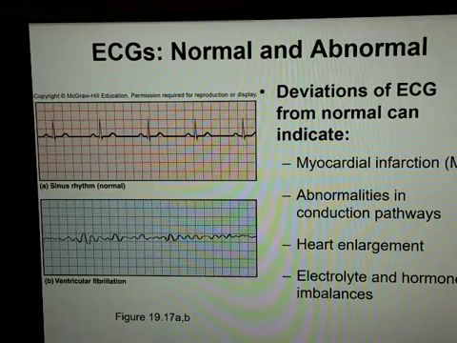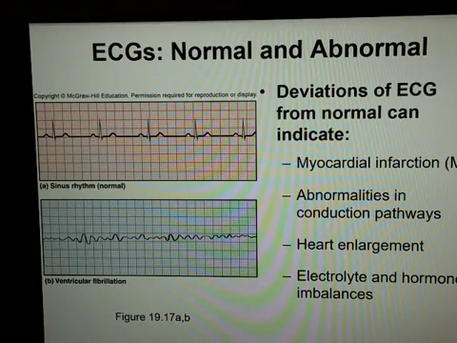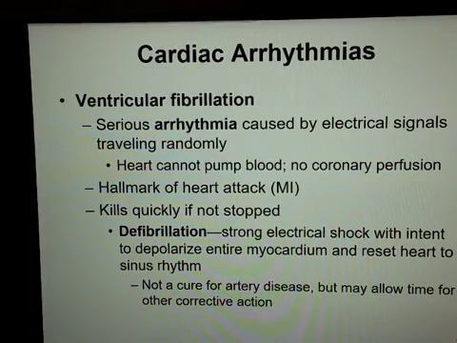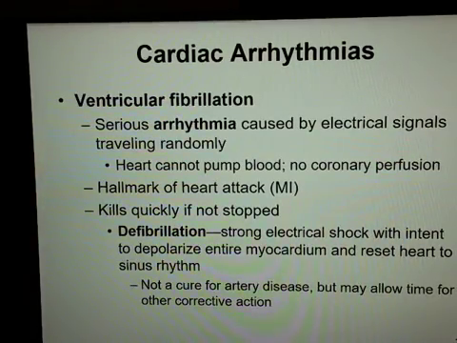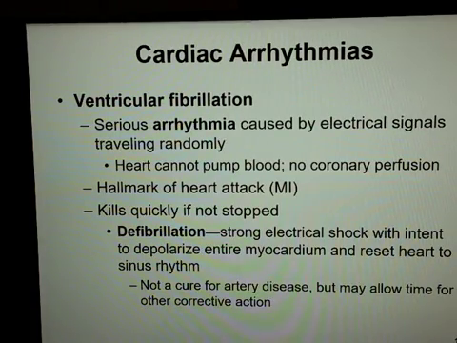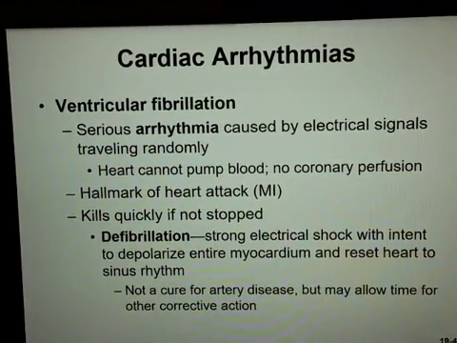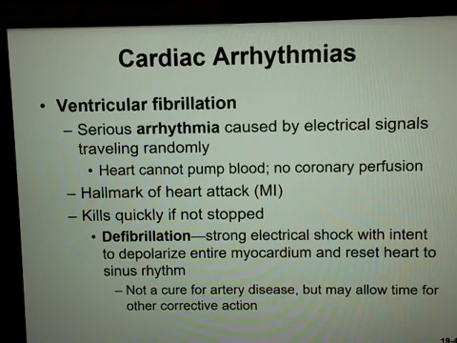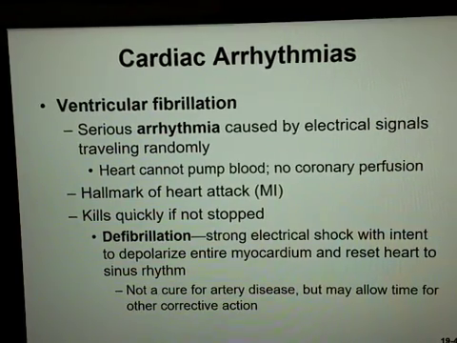So when we begin to look at things that can go wrong with the heart, when something goes wrong with the heart, we call it an arrhythmia because it's no longer in rhythm. And so one type of arrhythmia that's pretty serious is ventricular fibrillation. This one means that those electrical signals are not following those bundle fibers, the Purkinje fibers.